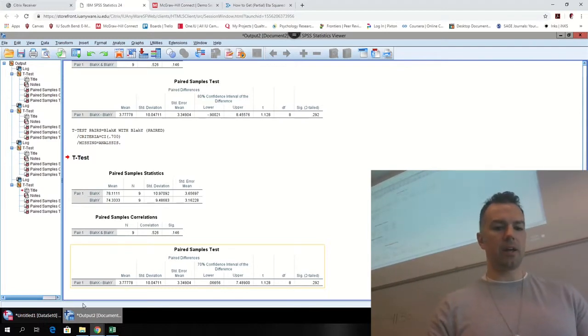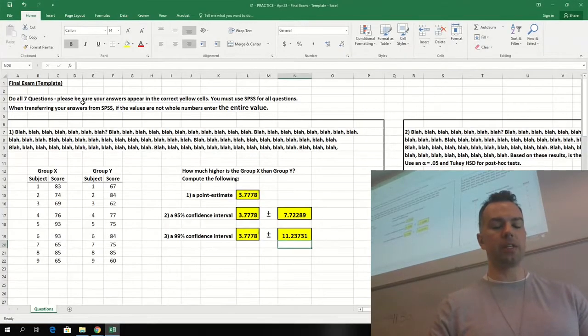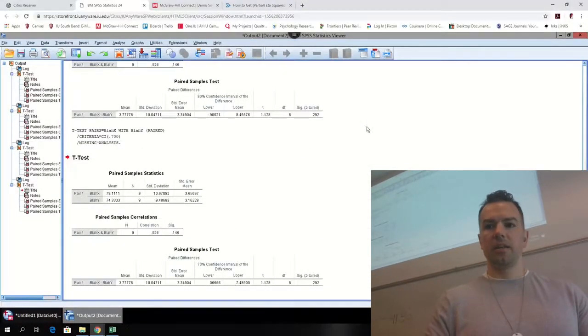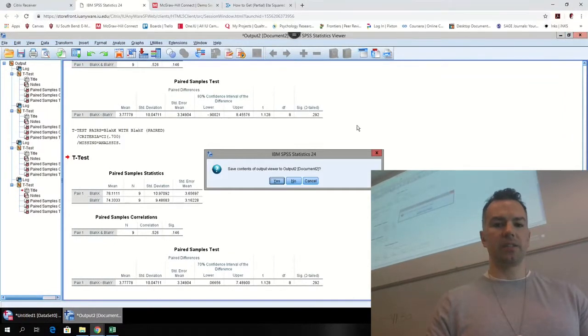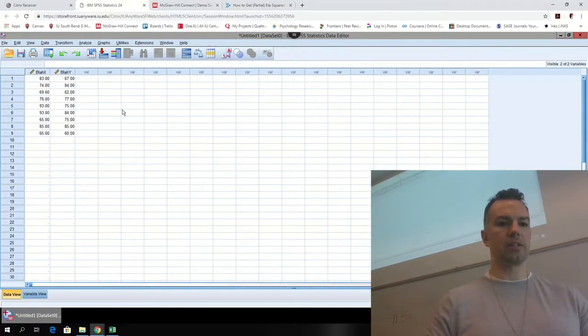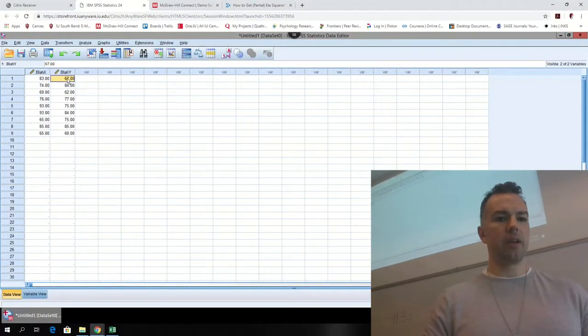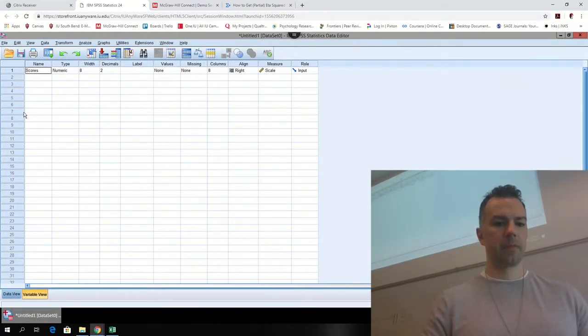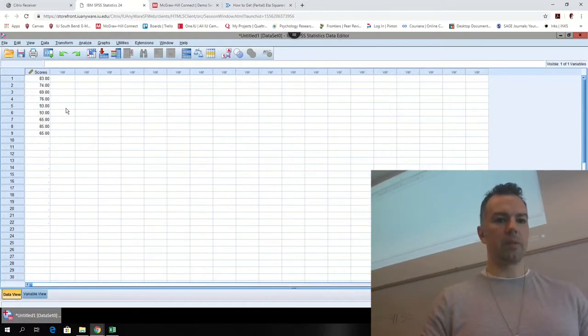And then for the other way to do this, if this was an independent means t-test, so from the description you were like, okay, this is an independent means t-test, then what you would do is you would have your scores here, and then you would label them.